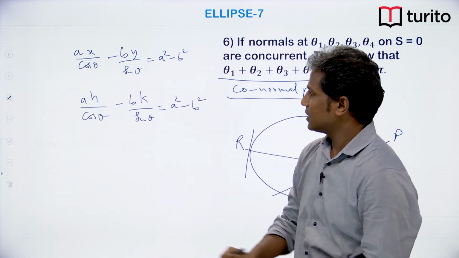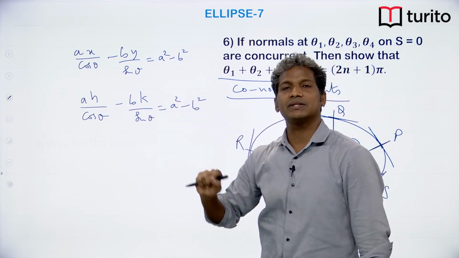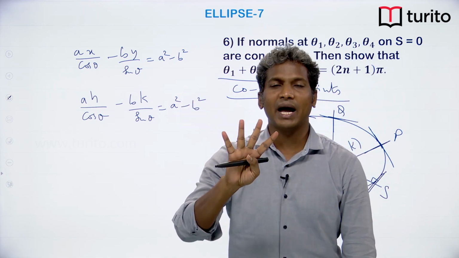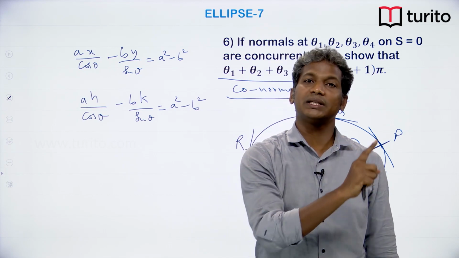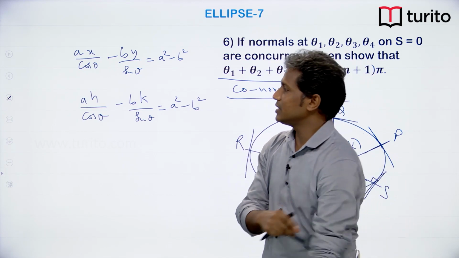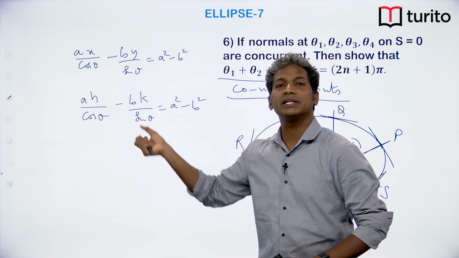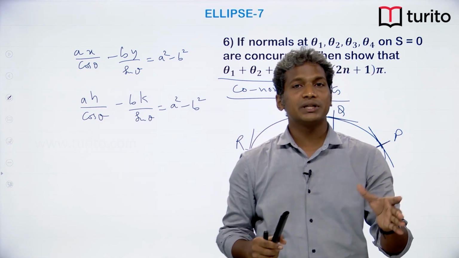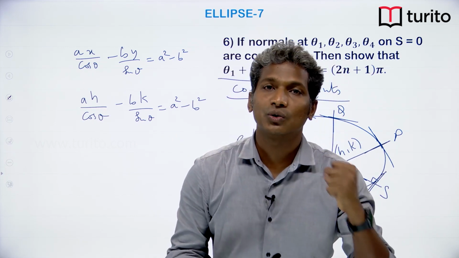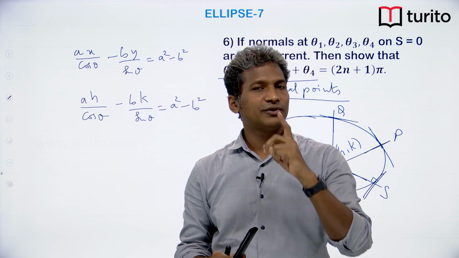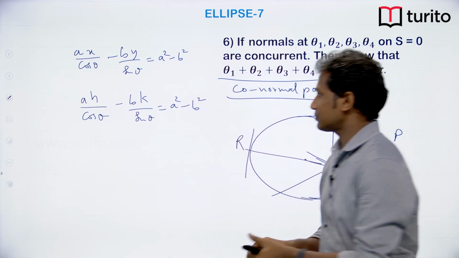So, that means this equation must be satisfied by 4 values of angles theta 1, theta 2, theta 3, theta 4. So, I have to somehow convert this equation into an equation where I am talking about the roots of theta. For that I am using this idea.